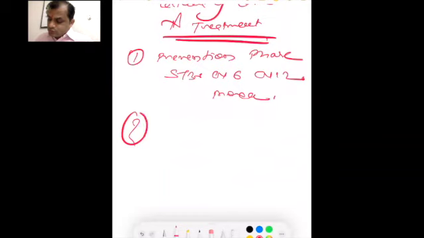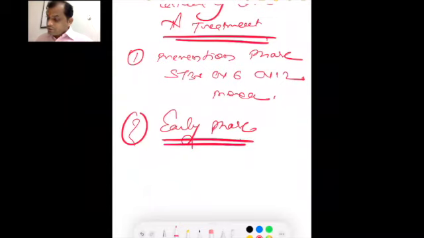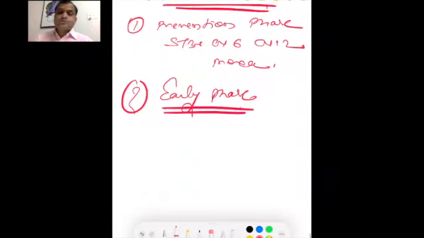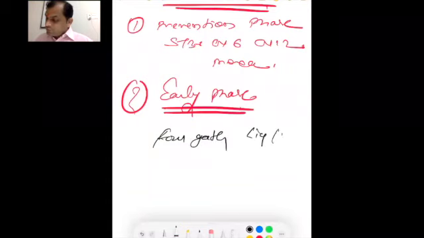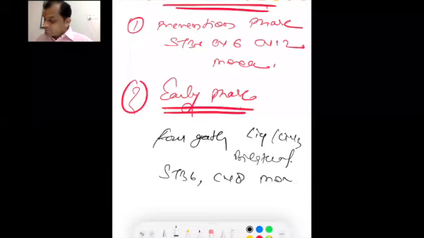Then second I told you the early phase, the meaning of early phase being when some symptoms start. And I told you to do the four gates, means LI4 and liver 3 bilateral, as well as stomach 36 and CV8 moxa.